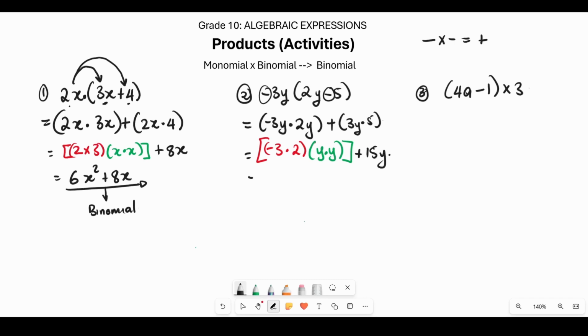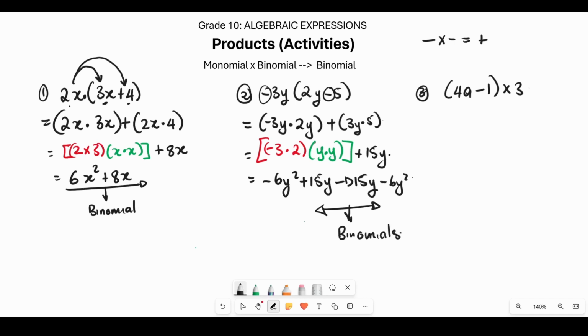Then in this case, we're simply going to have negative 6y squared plus 15y. Some prefer to start with the positive, which is going to be 15y minus 6y squared. So these are the same thing, and both of them are binomials.